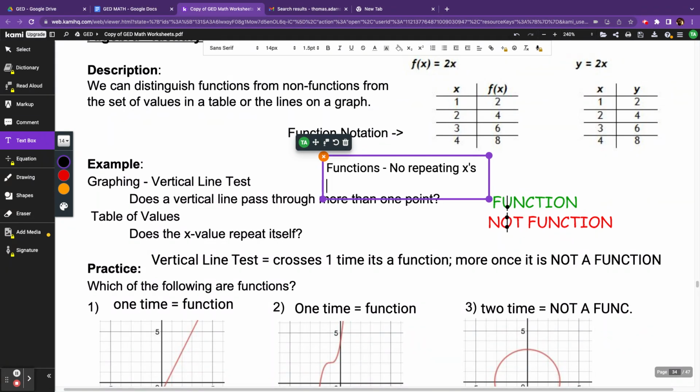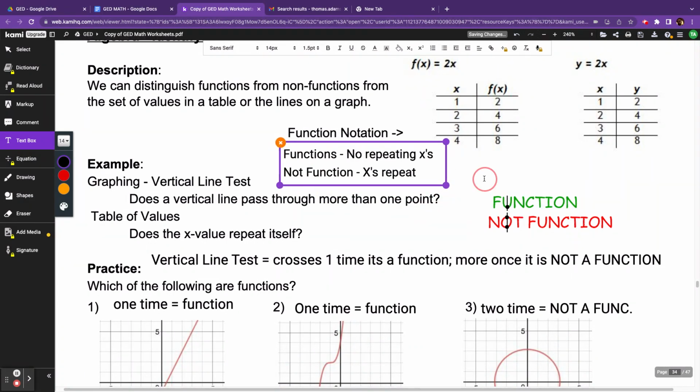Functions, x's repeat. Okay. And there's a couple ways we could test that.